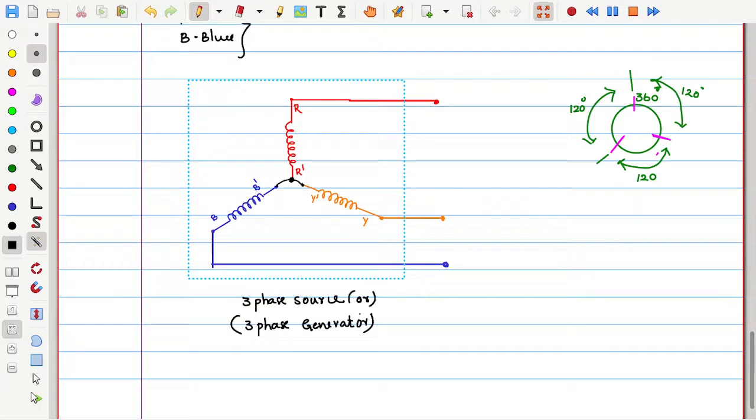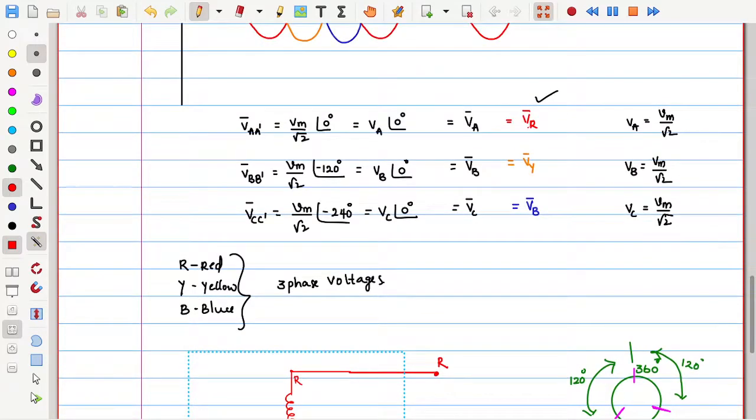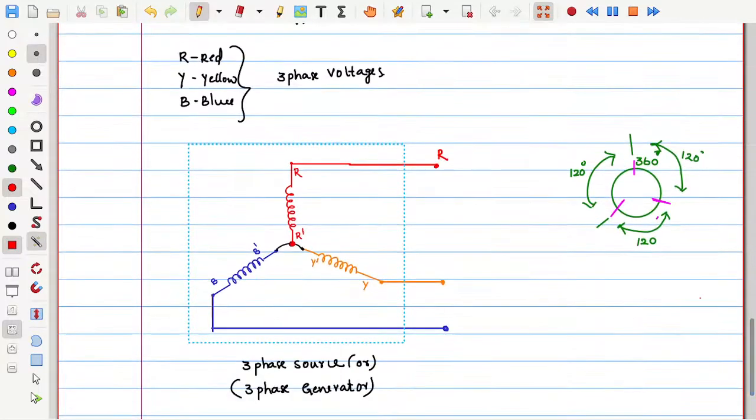Okay. Now try to observe. The voltage from this R to the common terminal, that is R to R dash, is the voltage VR. Just for the sake of this, I will take this common terminal also outside, and I will call this common terminal N, where N represents neutral.